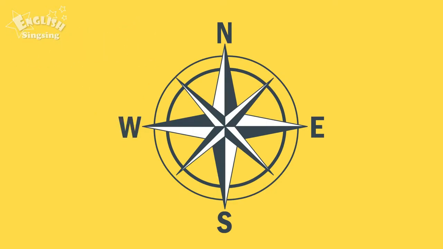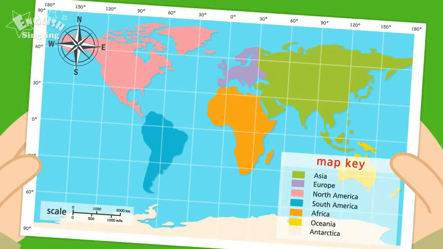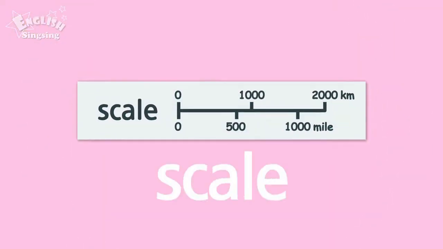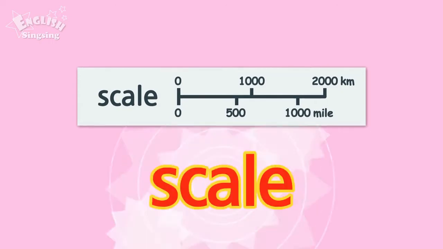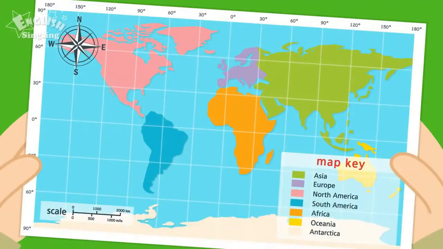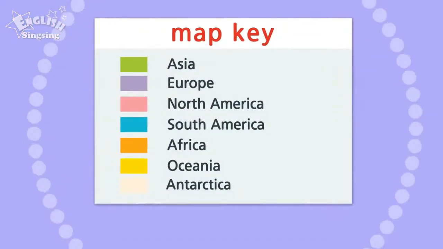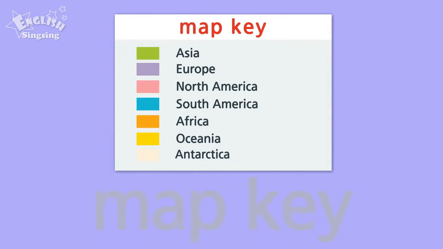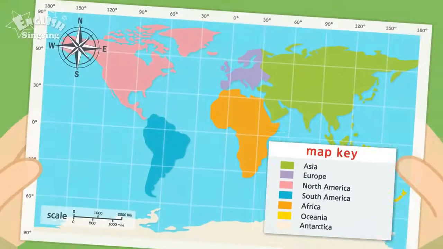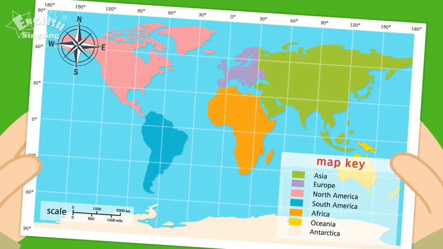West. It's a compass rose. What about this? Scale. It's a scale. What about this? Map key. It's a map key.